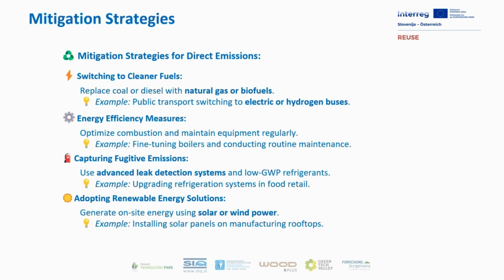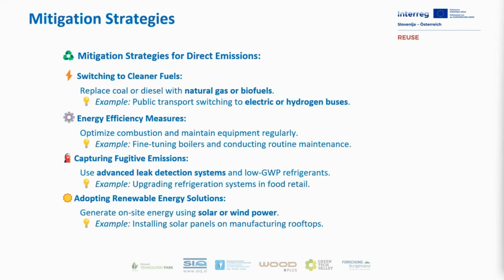And now let's look at some effective mitigation strategies for reducing direct emissions, or Scope 1. We know that reducing these emissions can be challenging because they're tied directly to on-site activities, fuel use, and equipment. But with the right strategies, it's possible to make a substantial impact. Here are a few key approaches. First, switching to cleaner fuels.